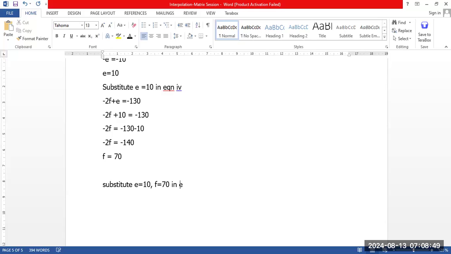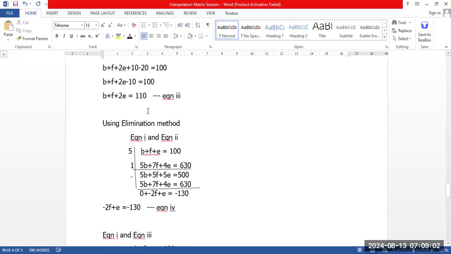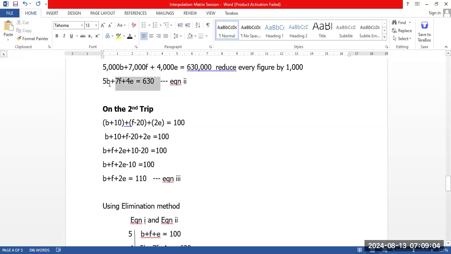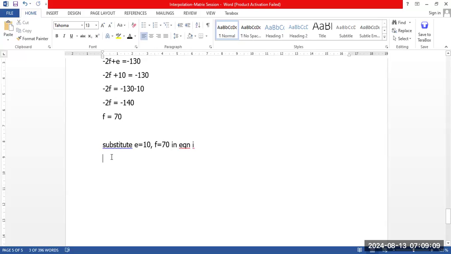It can be equation 1, it can be equation 2, it can be equation 3, any. So we substitute E is equal to 10 and F is equal to 70 in equation 1. This is our equation 1. So you can substitute.